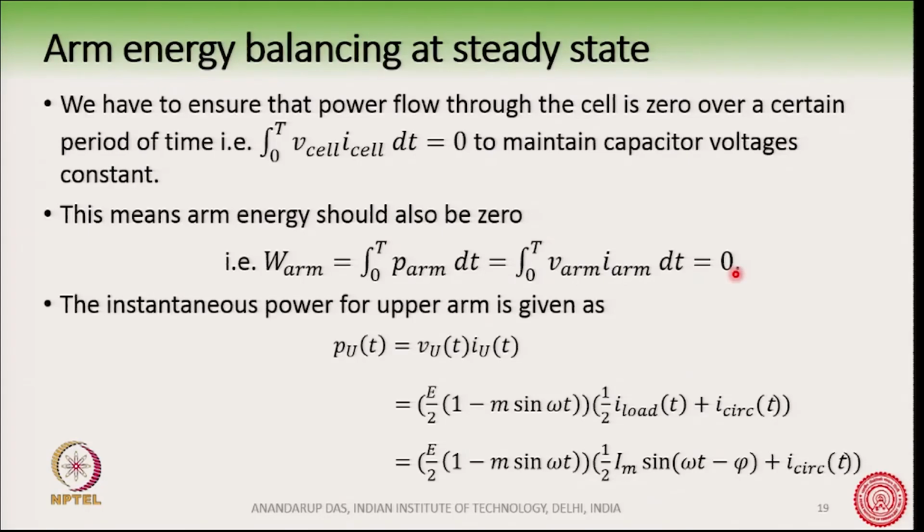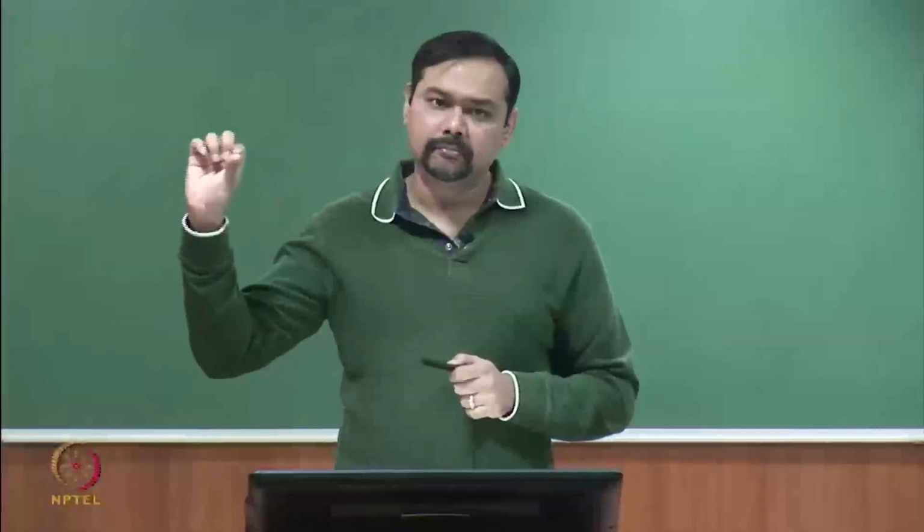individual cells, whether they are at E by N, that is not ensured, that is not maintained. We cannot say that individual cells inside the arm are exactly keeping the rated voltage, that is equal to E by N, because the voltage on one capacitor in one cell can go up, and voltage on another capacitor can go down, but their sum can be made the same.